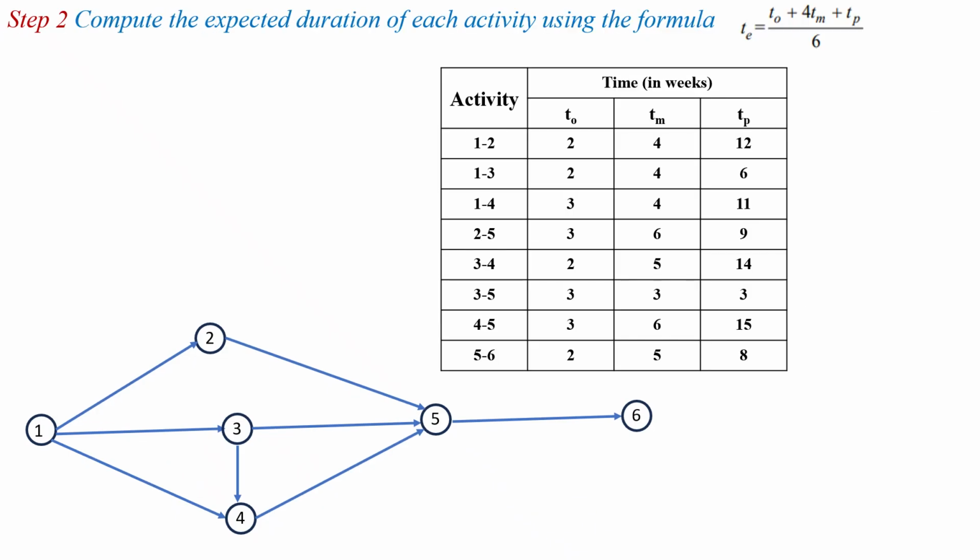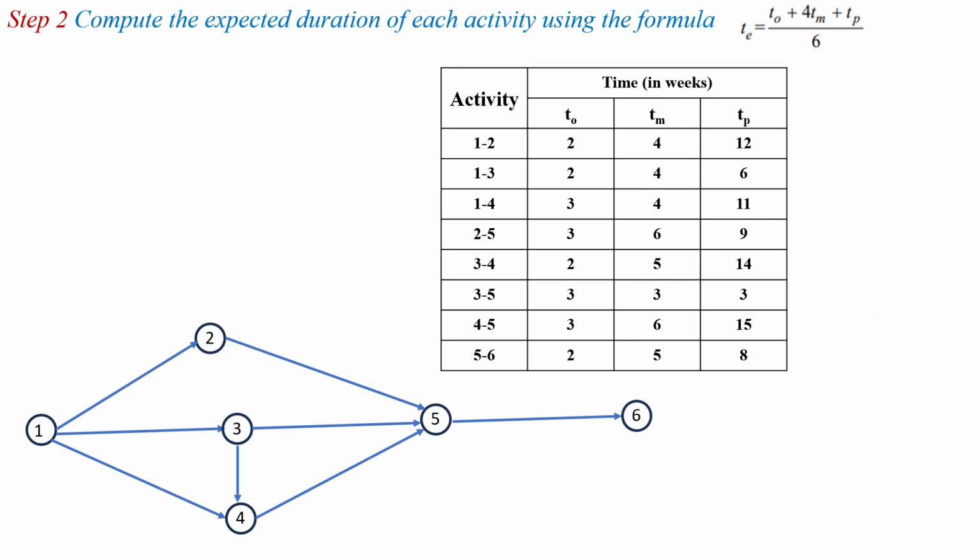Next step is calculate the expected duration of each activity using the formula. So expected time TE equal to To plus 4Tm plus Tp divided by 6. So then we have to calculate the TE value for each activity.